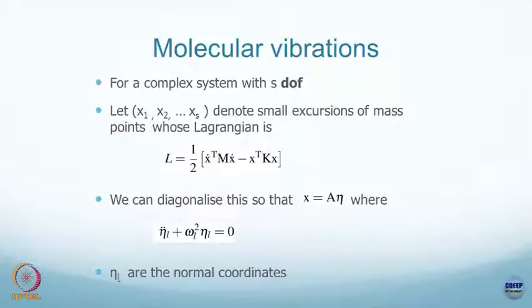So, you have a column vector multiplying the matrix here, x dot is the time derivative of these s degrees of freedom, and x dot transpose is the row vector, this is a column vector and this is an S cross S matrix. Okay. And similarly, you will have a potential energy term where it is only on the positions. So, displacements of the mean positions, which I call excursion. This is the formal Lagrangian which you can write.